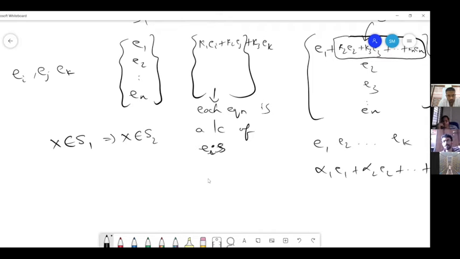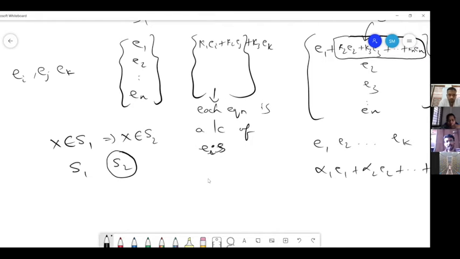So my first condition was every equation in S2 is a linear combination of equations of S1, and now it also happens that every equation of S1 can be expressed as linear combination of equations of S2. If that is the case, then the solution space will be equal, right? So by using the same argument, S1 is a subset of S2, S2 is a subset of S1, so S1 is equal to S2.